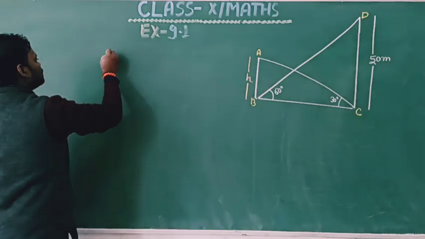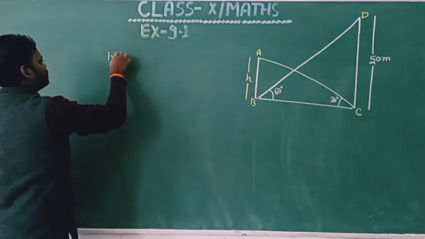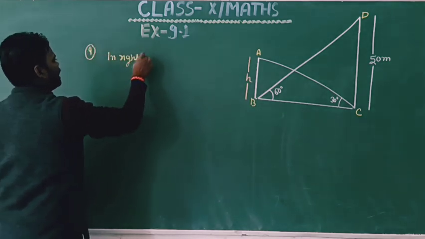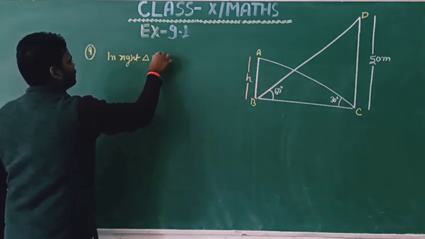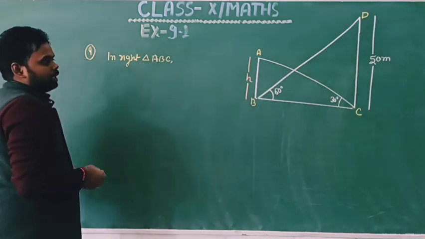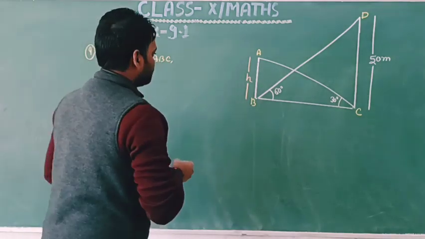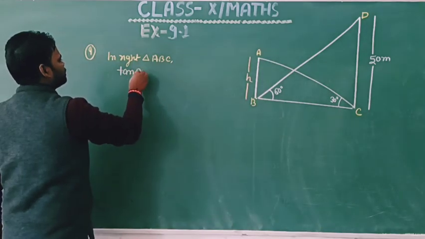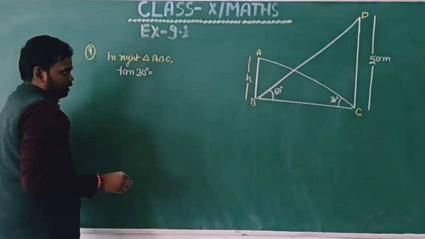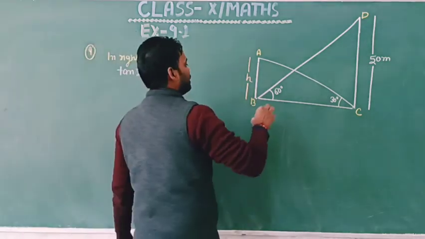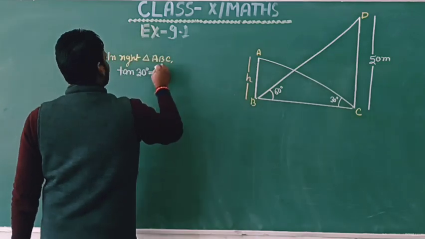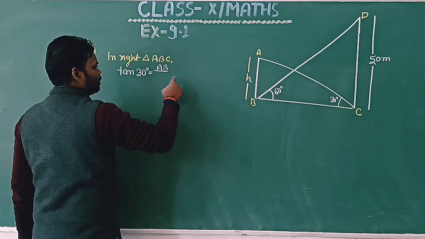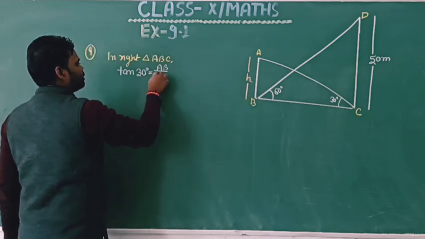So write, this is question number 9. In right triangle ABC, tan 30 degree equal to perpendicular upon base, and base is BC.